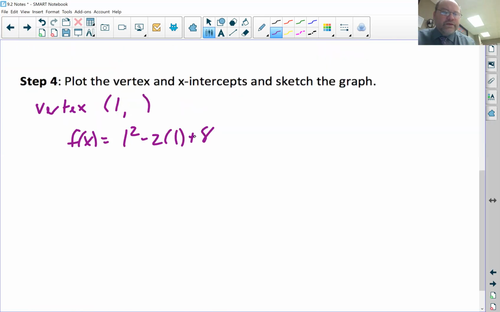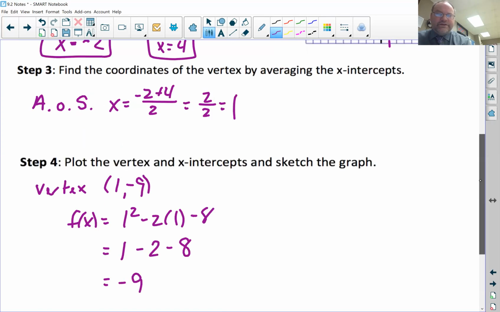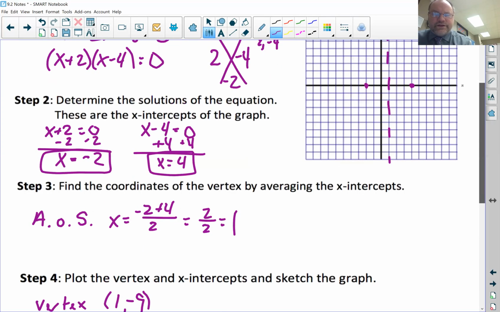Sorry. So 1 squared is 1, minus 2 times 1 is minus 2, minus 8. That gives me the y-coordinate of my vertex is -9. So 1, -9.